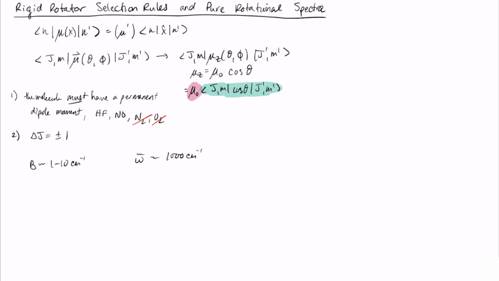And so what this means is that whereas for vibrational spectra we could reasonably approximate that only the ground state was occupied at 300 Kelvin, that is absolutely not the case for rotational spectra.